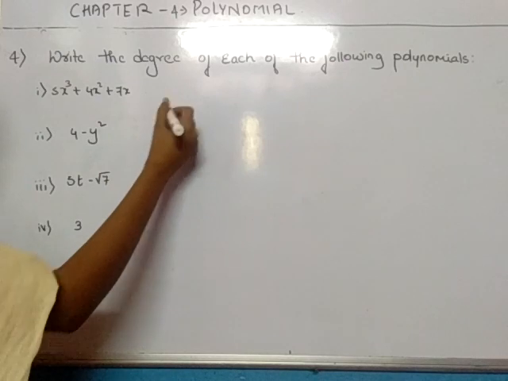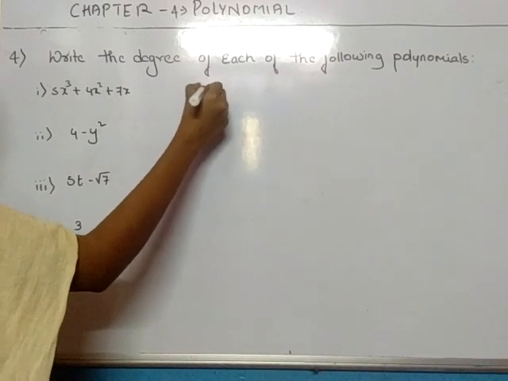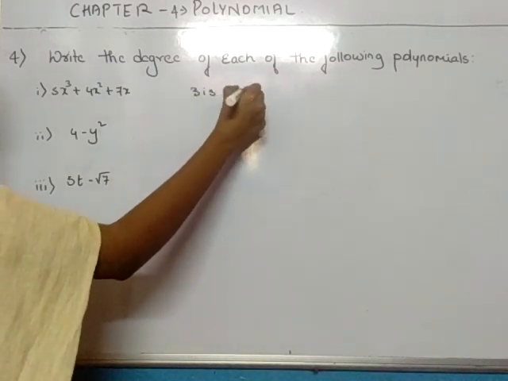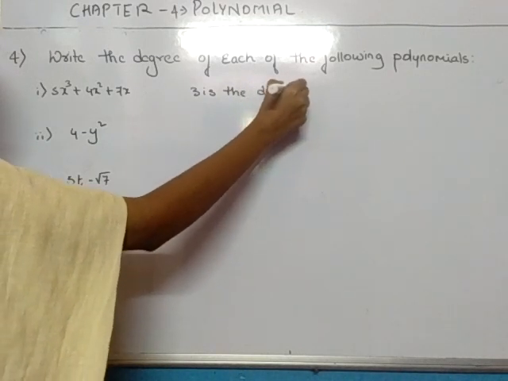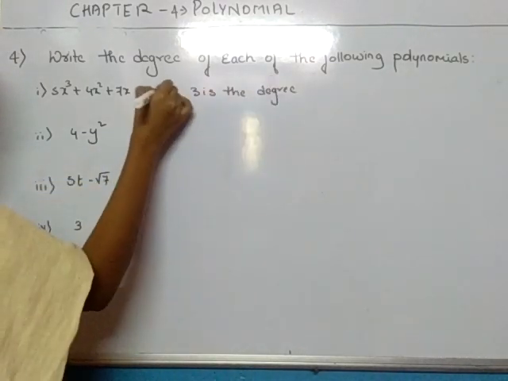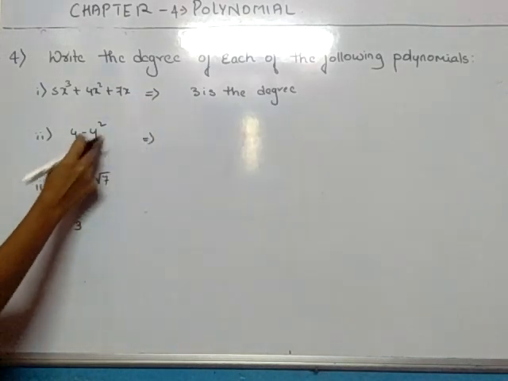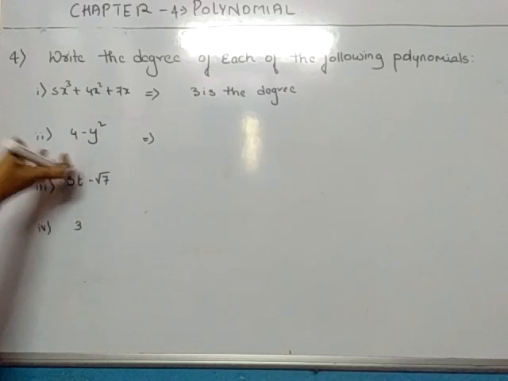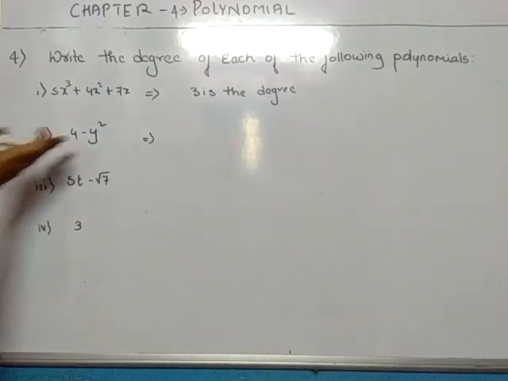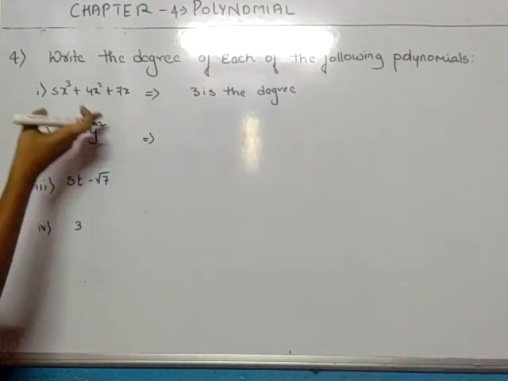So we'll write here 3 is the degree, right? And for this, 2 is the highest degree. Other than y raised to 2, no variables are present here. Only y raised to 2 is present.